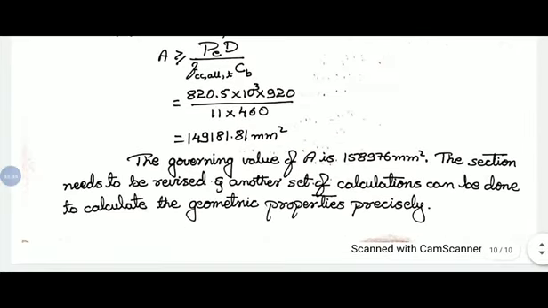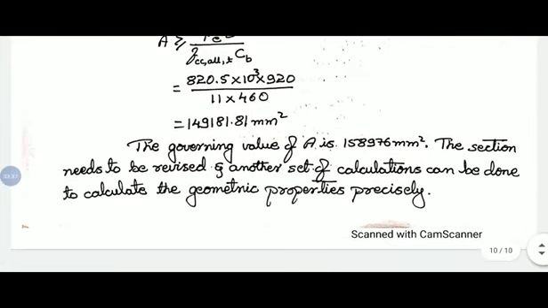No need to go for all the calculations; just write down the comment that the governing value of A is whichever is higher among service and transfer. If not, this section is safe. So here the governing value of A is 1,58,976 mm square. So the section needs to be revised and another set of calculations can be done to calculate the geometric properties precisely. So if you write this comment, it is enough. It says that the section we need to revise.